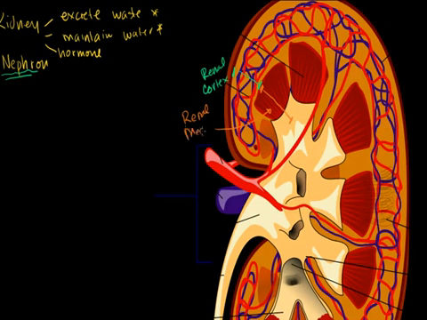Renal medulla. And besides just understanding these words, we're going to see that they play a very important role in this filtration or this excretion of waste, and this ability to not excrete too much water when we're trying to filter out our blood.